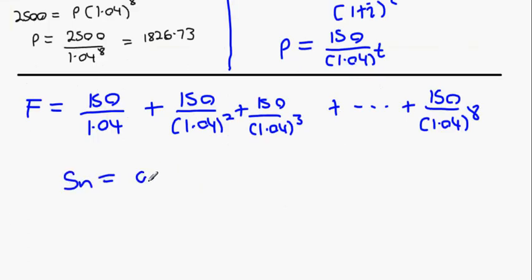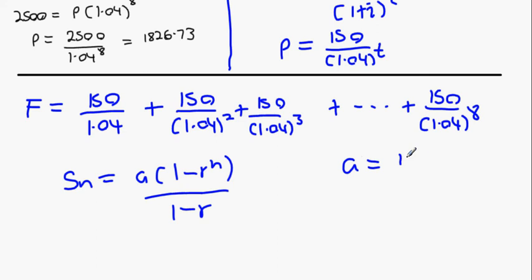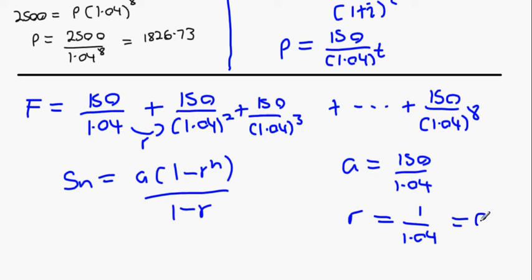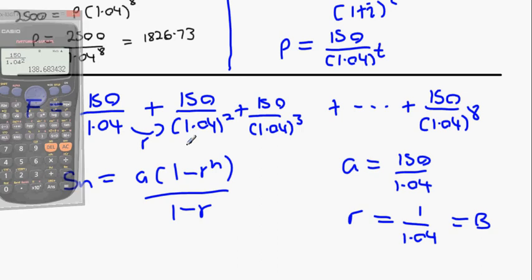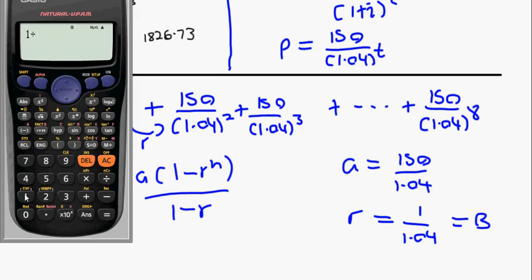Sn equals a into 1 minus r to the n all over 1 minus r. Our a value is 150 divided by 1.04. Our r value is going to be 1 over 1.04, and we're going to save that as our b value. So b is 1 divided by 1.04. Shift, store, b, so it's saved as b.